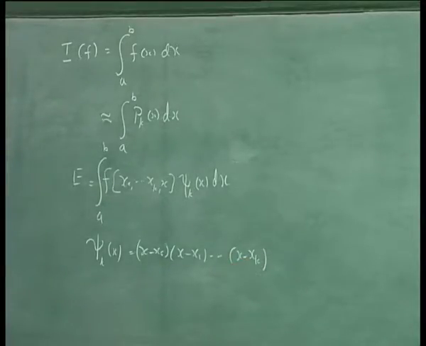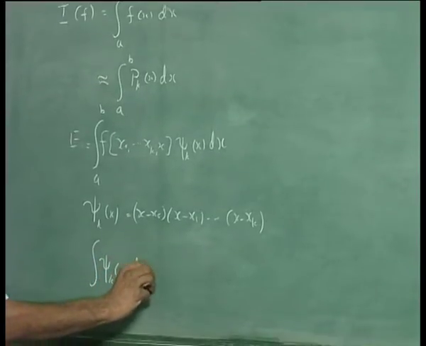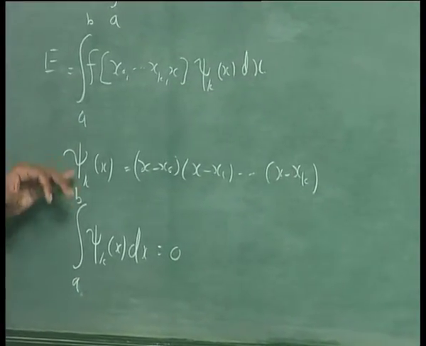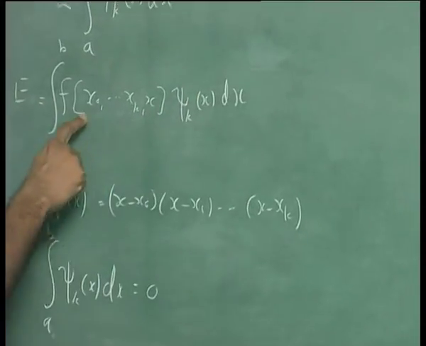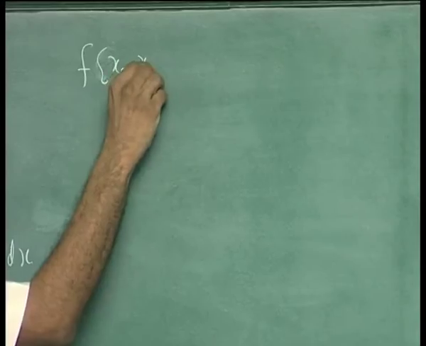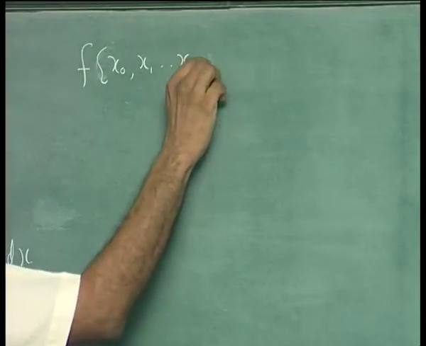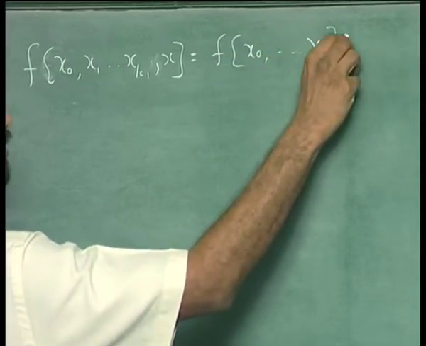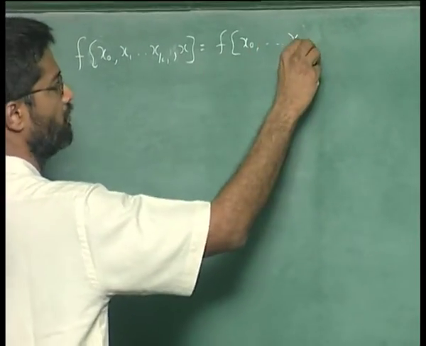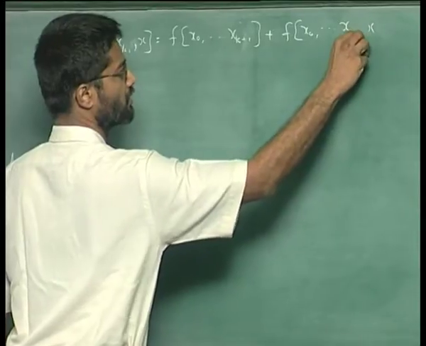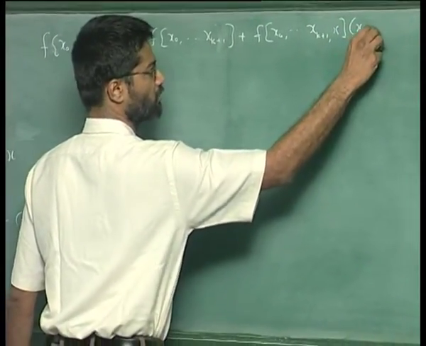And we said that a particular case where the integral of psi k of x dx is equal to 0 is of interest to us, and in that case I can use the divided difference method to write f of x 0 to x k, x as f of x 0 to x k plus 1, plus f of x 0 to x k plus 1 comma x into x k plus 1 minus x.